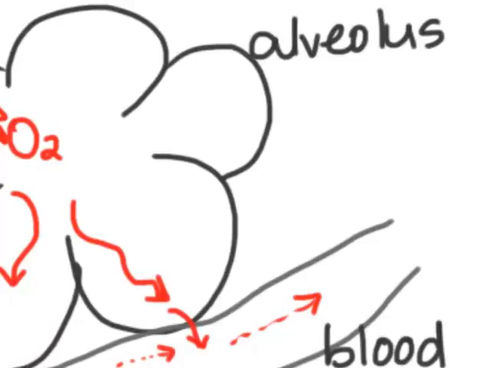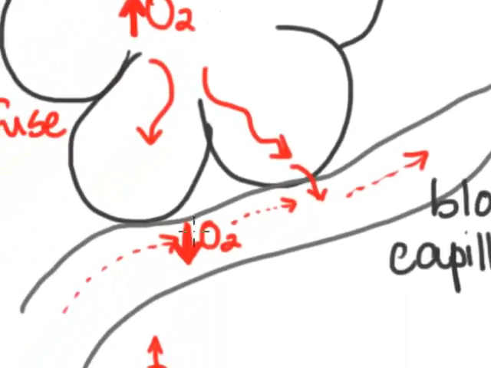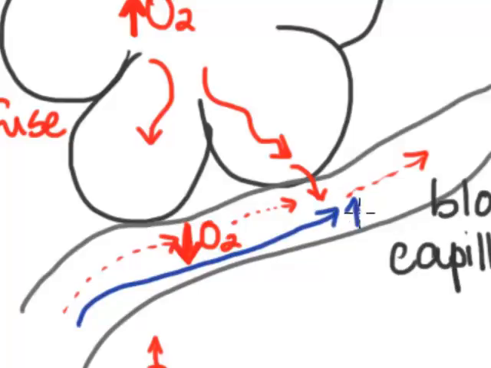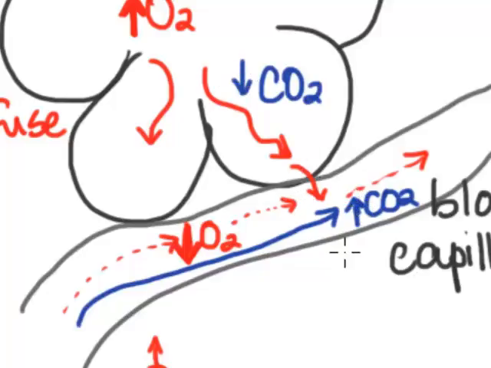On the other hand, there is a high concentration of carbon dioxide in the blood. Alternatively, there is a low concentration of carbon dioxide in the alveolus. And so once again, we have a concentration or diffusion gradient.